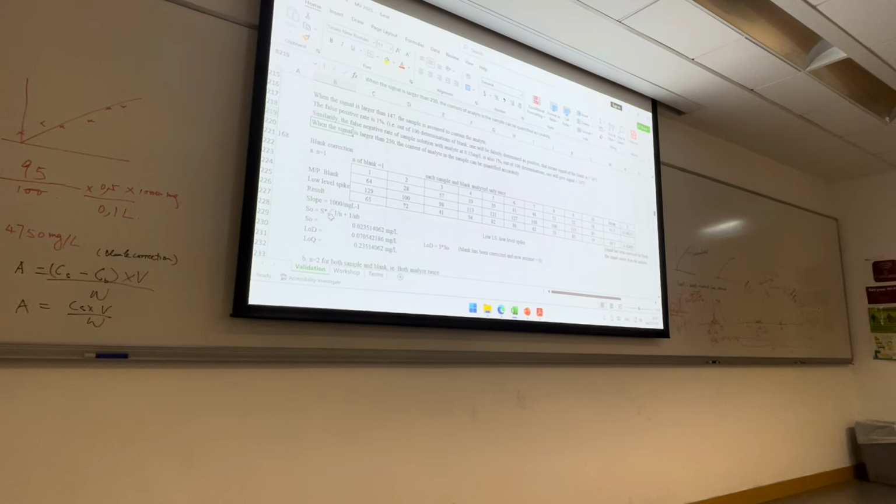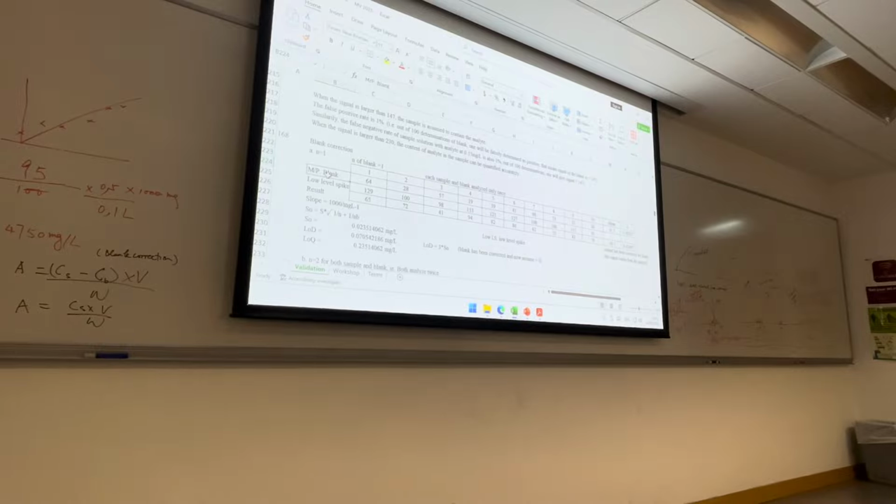Calibration curve using blank correction. So understand first what is blank correction. Okay? Now, if we have blank correction, what should we do? If we analyze the sample once and we analyze the blank once, okay?